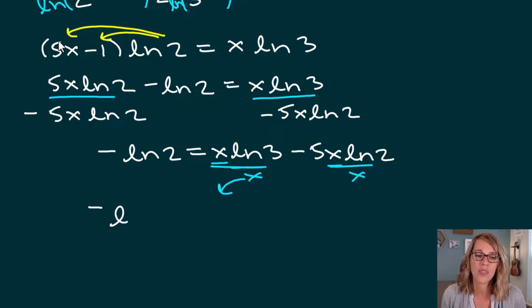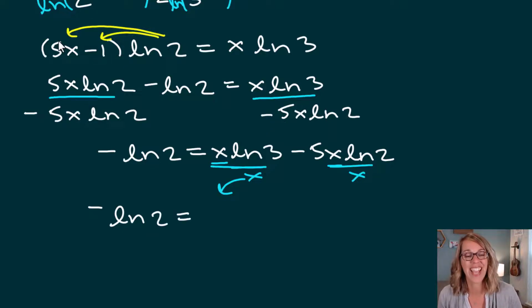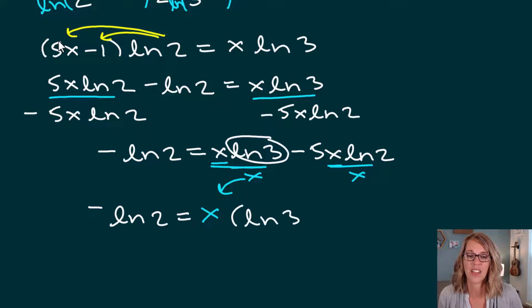No changes to the left-hand side, so I get negative natural log 2 equals, let's put that x out in front. So x, and then what am I left with in my parentheses? I am left with the natural log of 3, so natural log 3, minus I am left with the 5 and the natural log of 2.